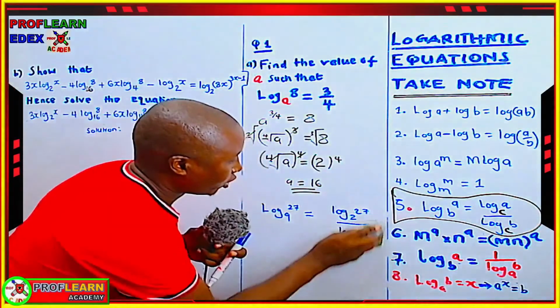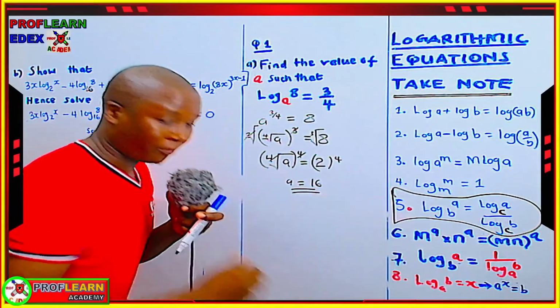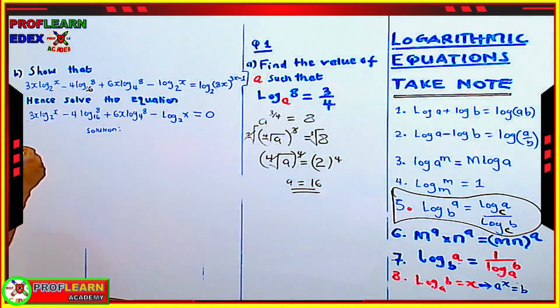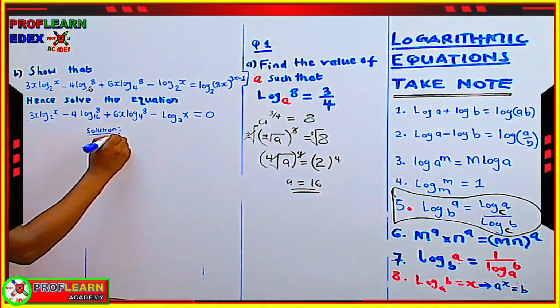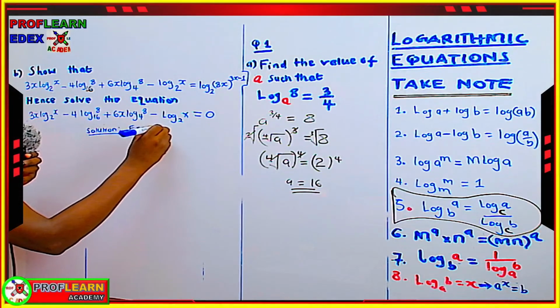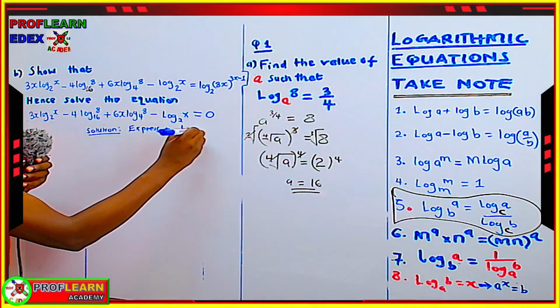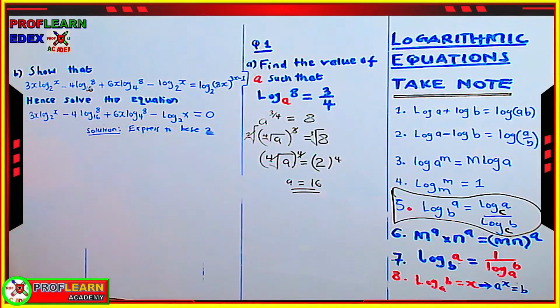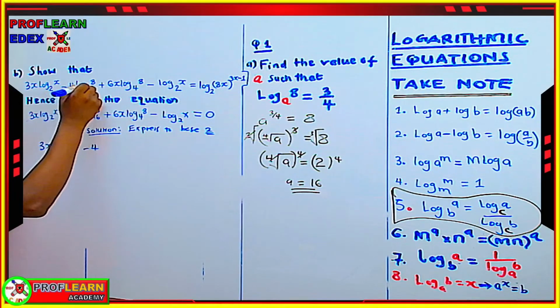Now, something that I need to remind you is that log 16 base 2 can be written as log 2 power 4 base 2, because 16 can be written as 2 power 4. From rule number 3, if you're having log a raised to power m, you can take m in front of the log.